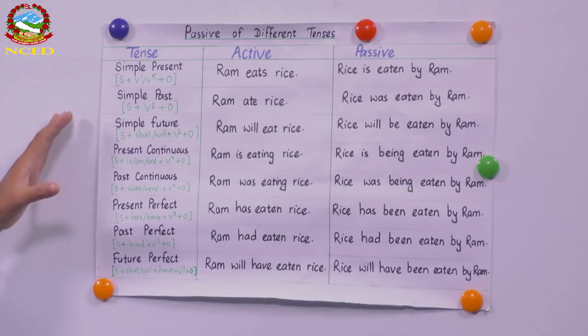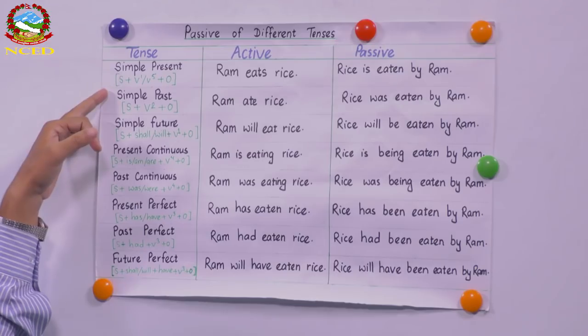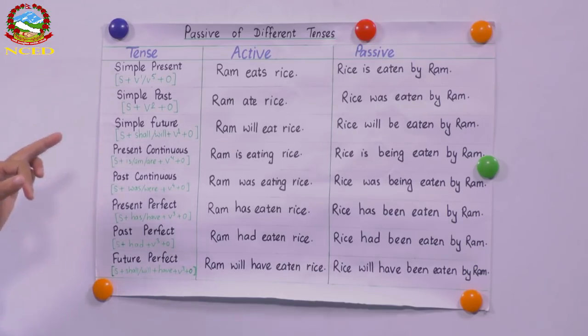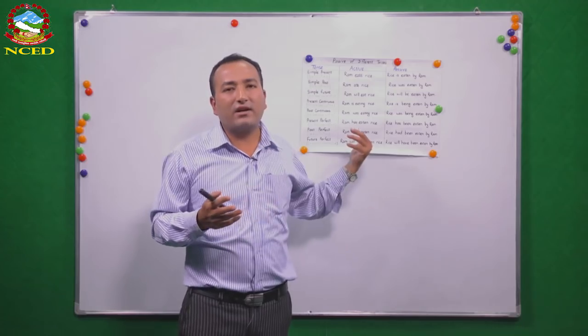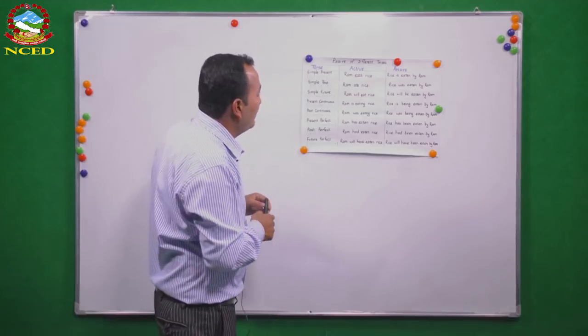So what tenses are missing? You might be wondering. The missing tenses are present perfect continuous, past perfect continuous, future perfect continuous, and one more, future continuous as well. So 4 tenses are missing because they are not commonly used in English, and that's why we say no change for them. We don't change those 4 tenses.